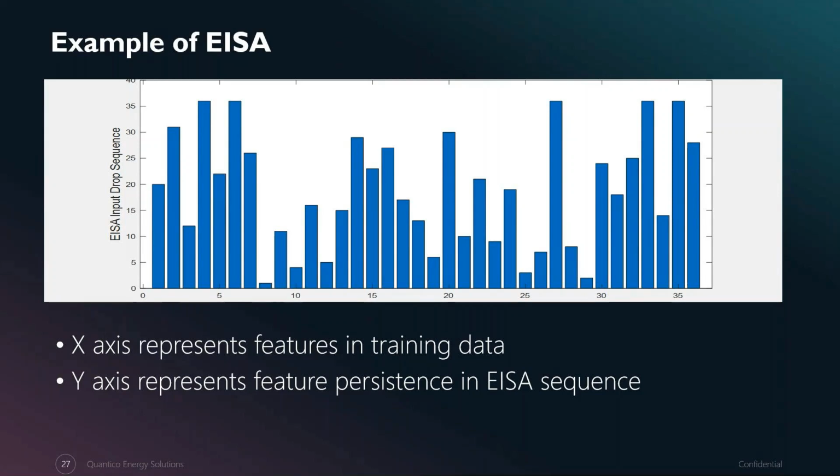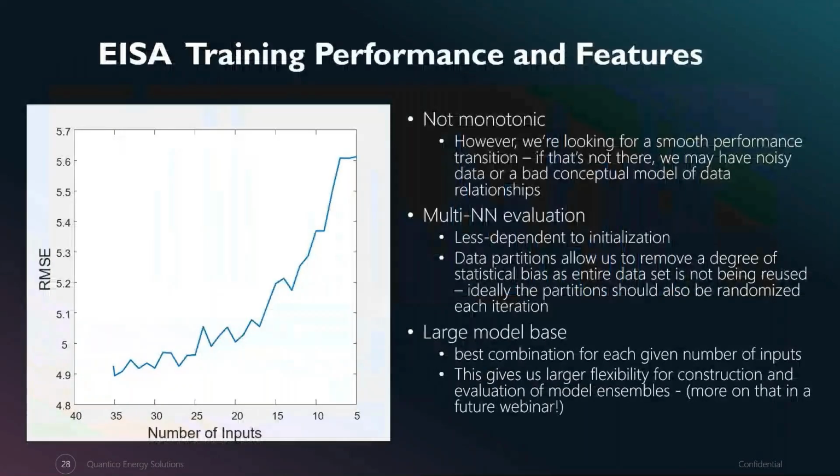Another way to look at this is to look at the performance of each model as we continue to drop features. On the x-axis, we see the number of inputs for our best iteration model. And on the y-axis, we have our normalized performance, or RMSE, or normalized error. A couple things to notice.